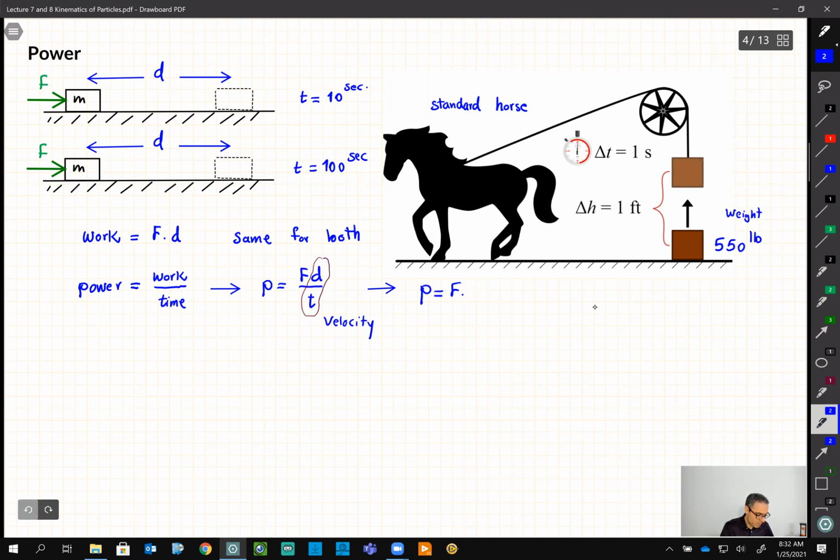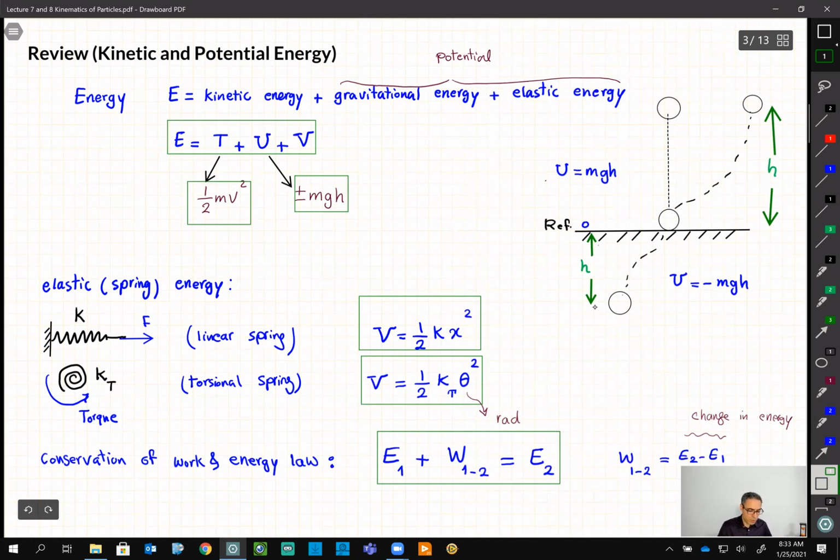And don't confuse this V with elastic energy. So maybe let's move back and put an E here because we don't want to get confused when we read our notes. Okay, so VE to remind ourselves that we are talking about elastic energy.